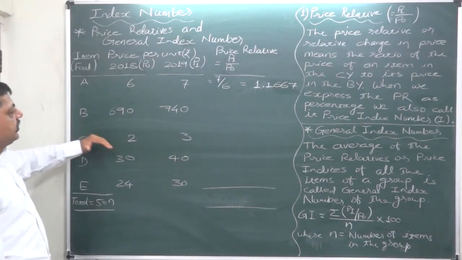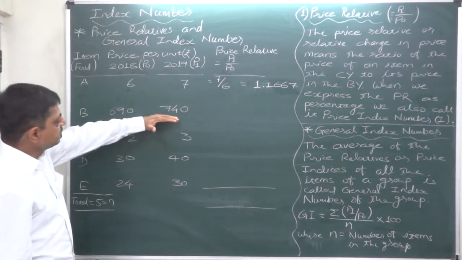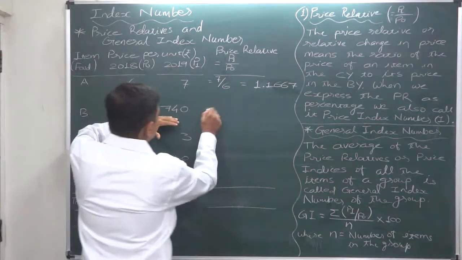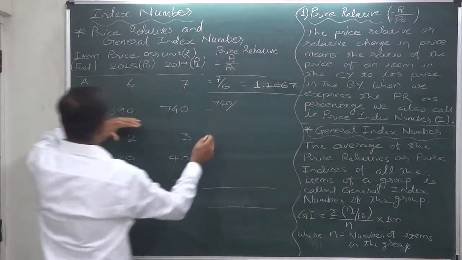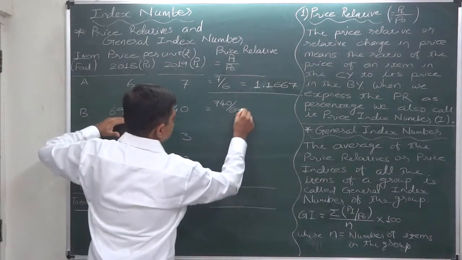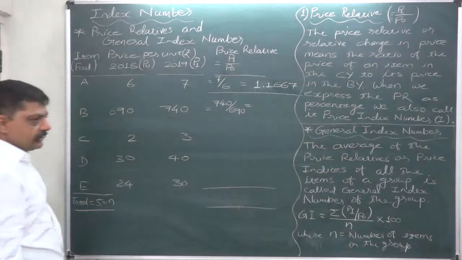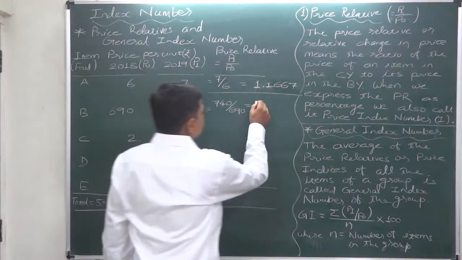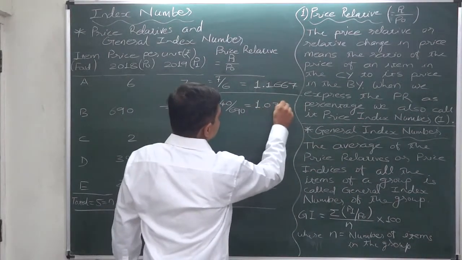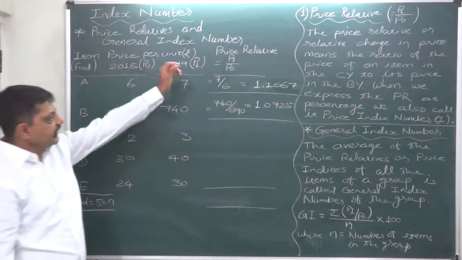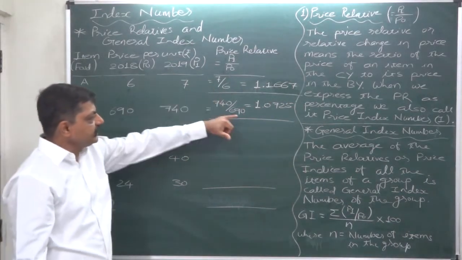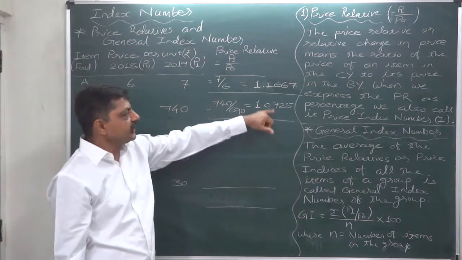Similarly, in case of B, the price in current year is 740 and the price in base year was 690. So the ratio, or price relative, comes to 1.0725. Another meaning of this price relative is, if price is taken as 1 in the base year, this is the price in the current year.